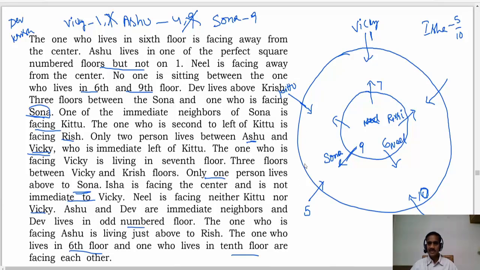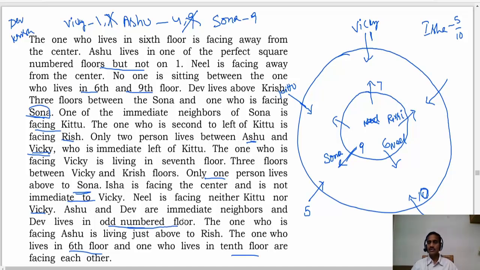Immediate neighbors in the seating arrangement, isn't it? Since Ashu is 4, there is no chance here. If Ashu is here, Dev would be at 10, but Dev lives on an odd number floor. Hence Dev cannot be here, hence Ashu cannot be here.